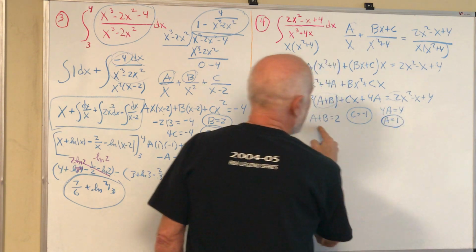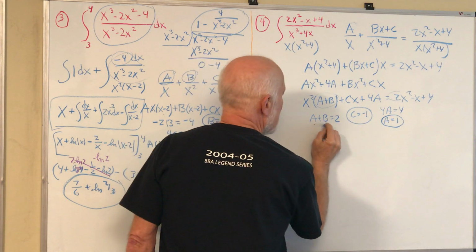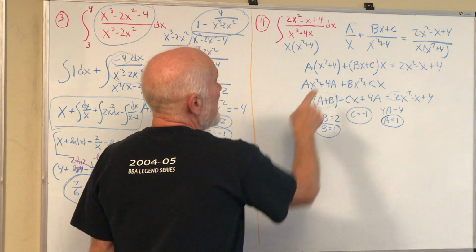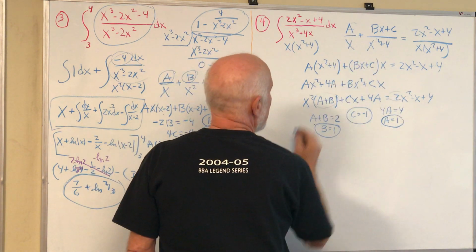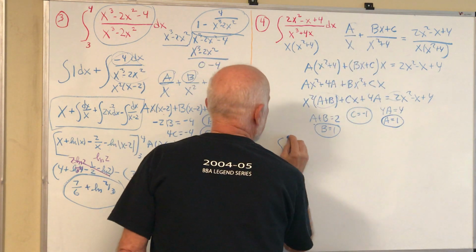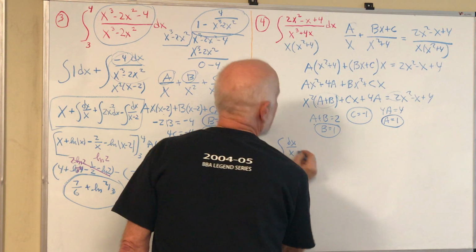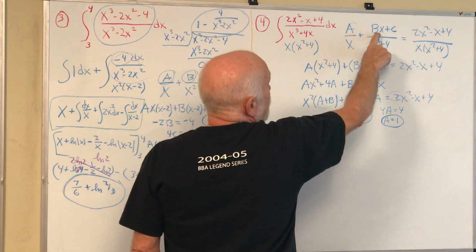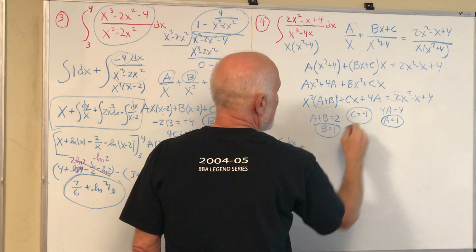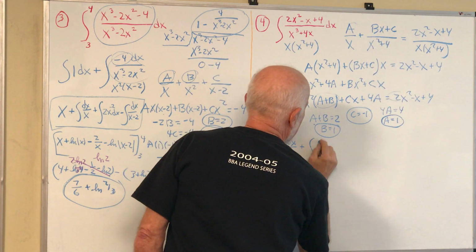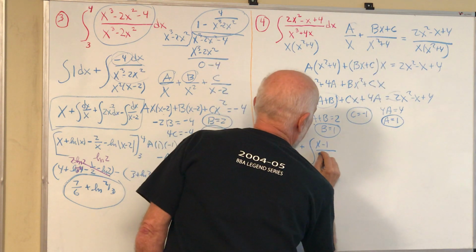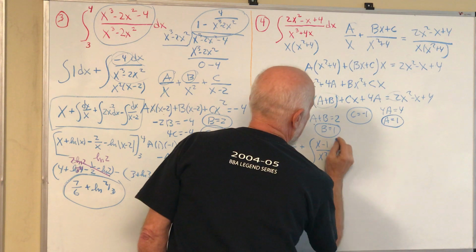A equals 1, and if a equals 1, b equals 1. So now I can go back and say a is 1, so I have dx over x, and then b is 1, so x minus 1, all over x squared plus 4.